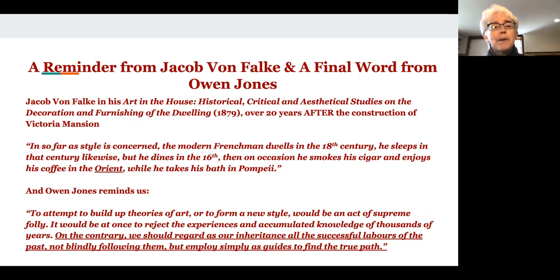And to finish up, I would just like to give a reminder of quotes that I've used in the previous lectures that speak to all these elements and the indebtedness of the Victoria Mansion to the past.